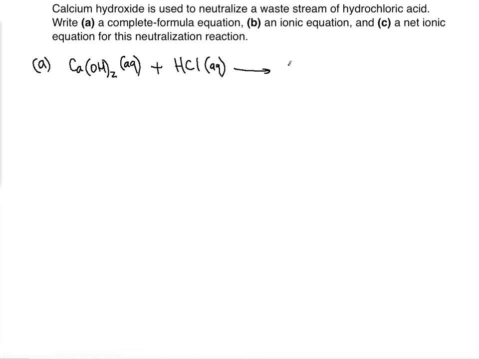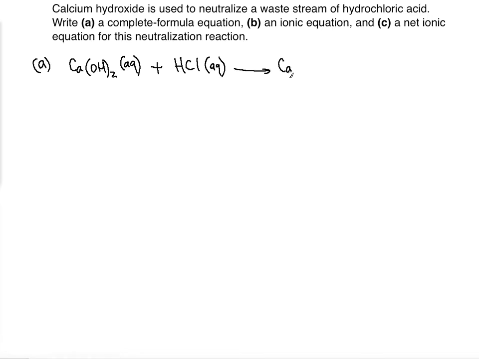And this produces a salt, right? And the salt is going to be obviously calcium chloride, because we will need the hydrogen and the oxygen for the water. So we need the Cl and the Ca, the calcium chloride.